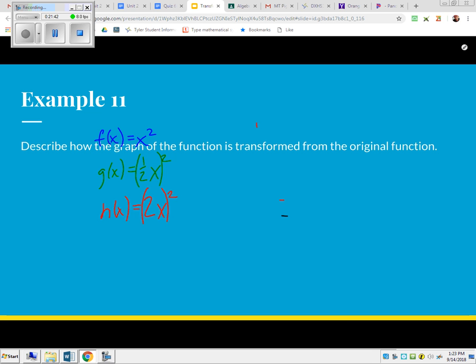Okay, let's describe a couple more functions, and then I'll have you guys make some up. Let's do f of 2x minus 1.